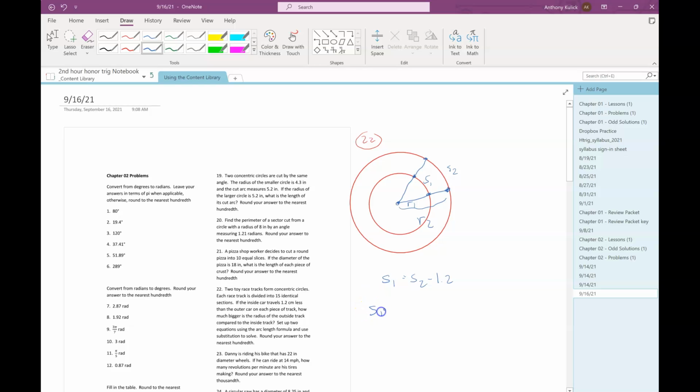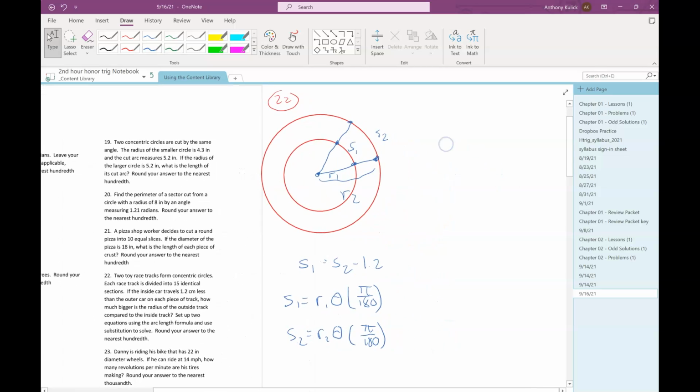Okay, so my two arc length formulas would be these. I'm using the degree version because when we find that angle theta, you'd probably be finding it in degrees. So far, so good with my setups here, Taylor?